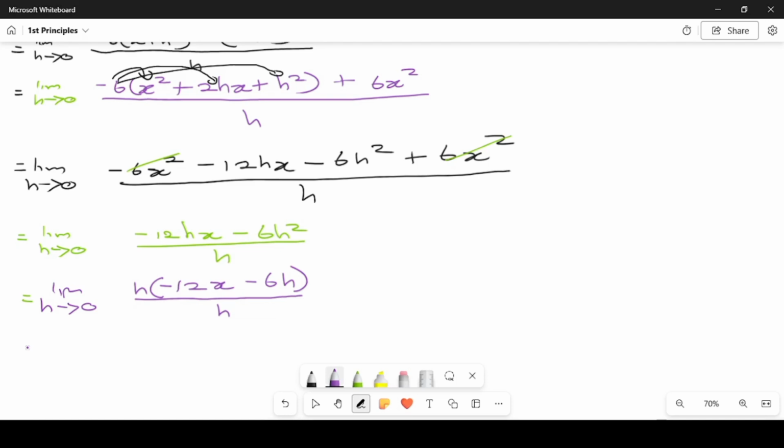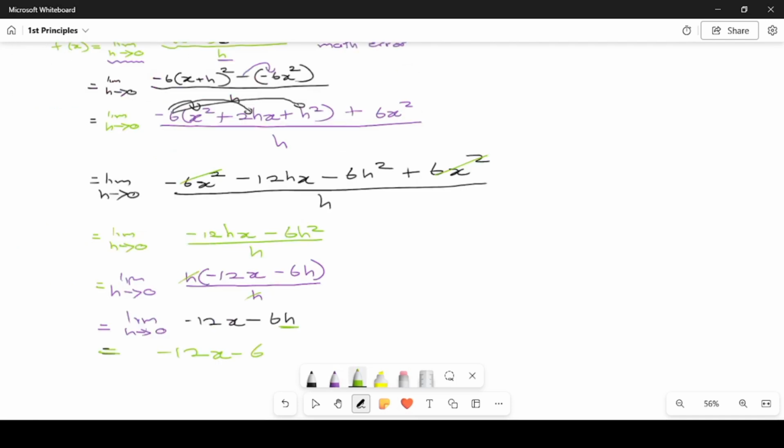So now, at this stage, what you can just do is substitute. Replace the h with a 0. You don't even have to say lim, you're just going to say is equal to, and put the equal sign there and say minus 12x minus 6 times 0.